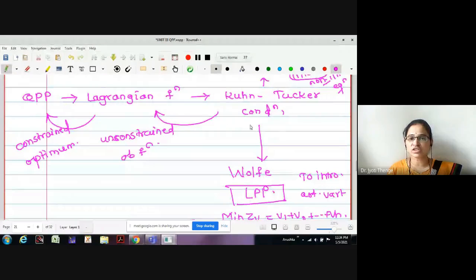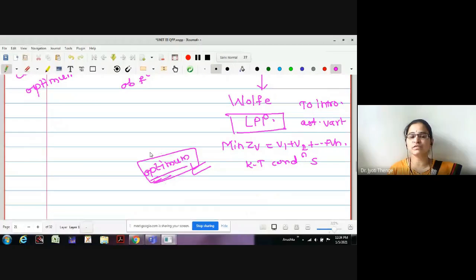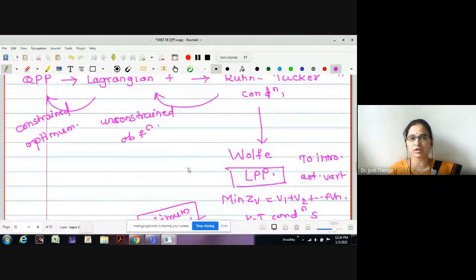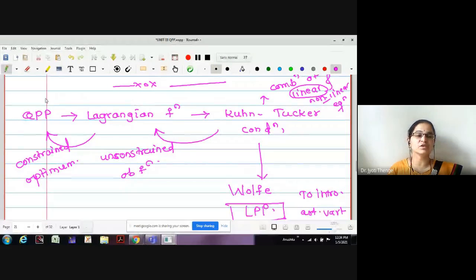Therefore, this is the journey of the solution of a quadratic programming problem: from quadratic programming to Lagrangian, Lagrangian to Kuhn-Tucker, Kuhn-Tucker to Wolfe. Wolfe has given the method, and whatever optimum solution we obtain by Wolfe's algorithm will be the solution of the unconstrained objective function, that is the Lagrangian function, which finally will be a solution of our quadratic programming problem.